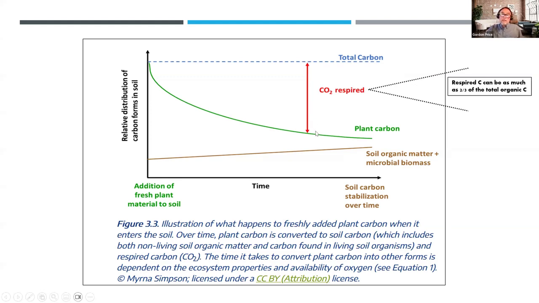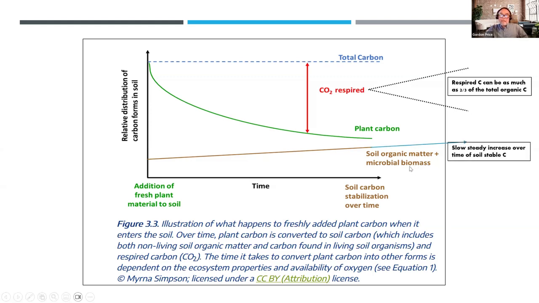It means that they are respiring, or metabolizing the carbon, but in that metabolism, they are releasing carbon dioxide. So carbon is being lost from the soil when we add amendments. But in the long term, as a back of the envelope calculation, you can make an assumption that close to 2/3 of the total organic carbon that's added could be respired by the microorganisms over time as they're consuming the organic matter that's being added.